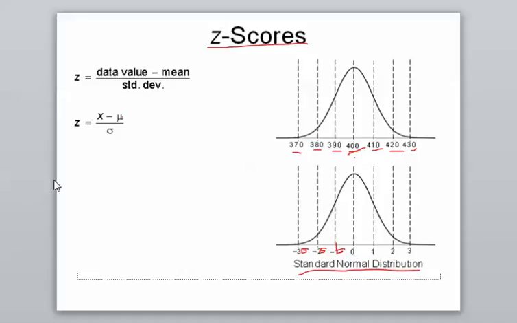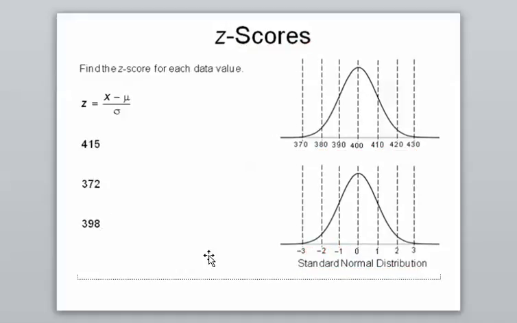These z-scores are actually in tables that you can go look them up, okay? And so if we want to find the z-score here for 415, well, 415 is right here, right? So in a standard normal, it's going to be somewhere like right in there, right? So what I'm going to do is I'm going to take 415, I'm going to subtract 400, like that, and I'm going to divide by the standard deviation of 10.